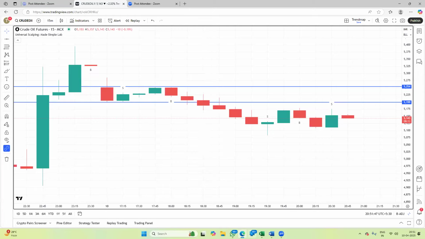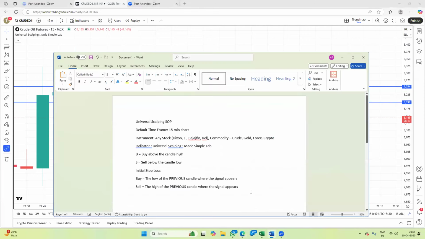Now here we need to create a rule and we have to follow it. Let's write down the rule. If you have an open order and an opposite signal appears, then place the order for the same.